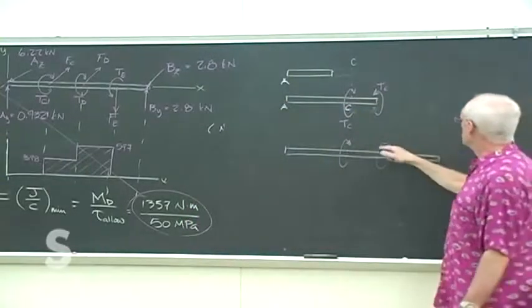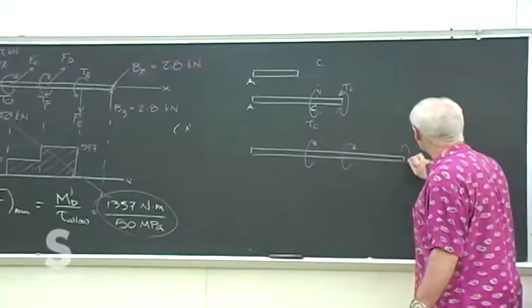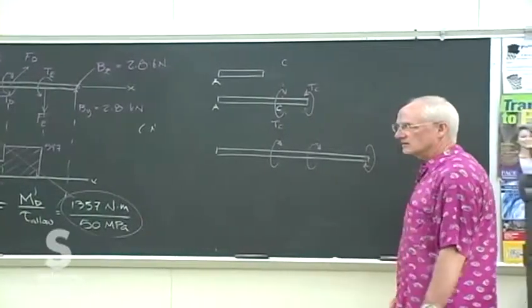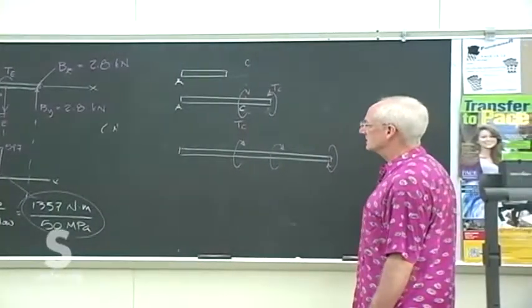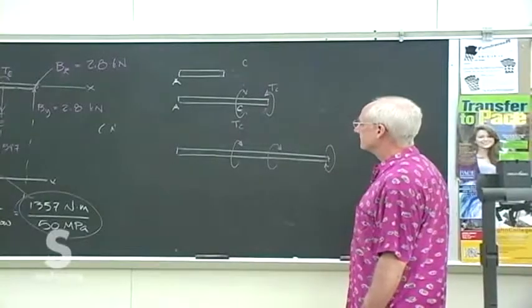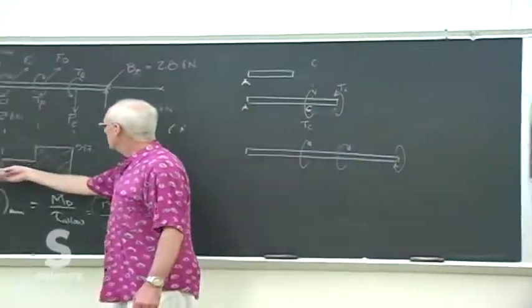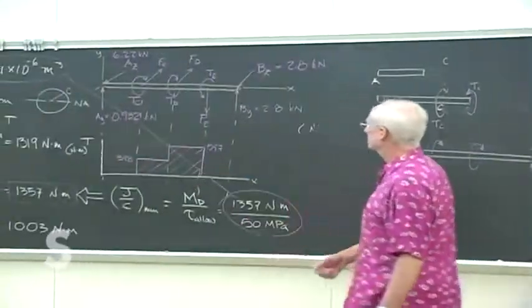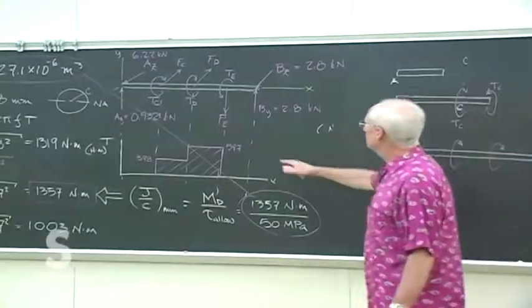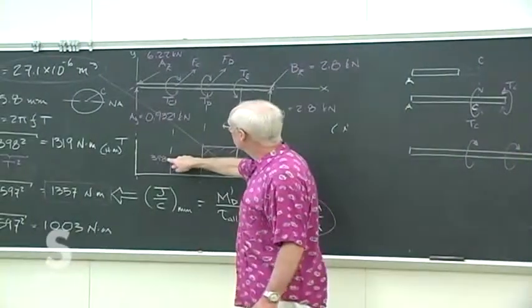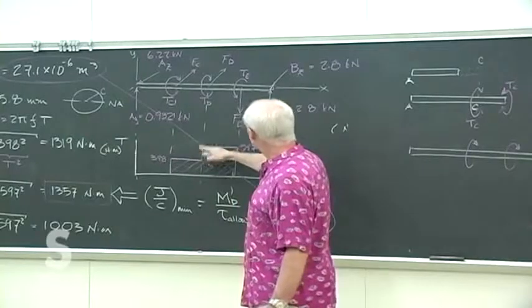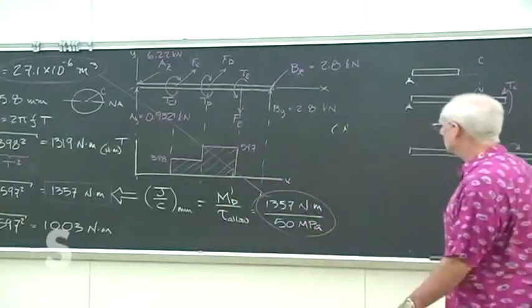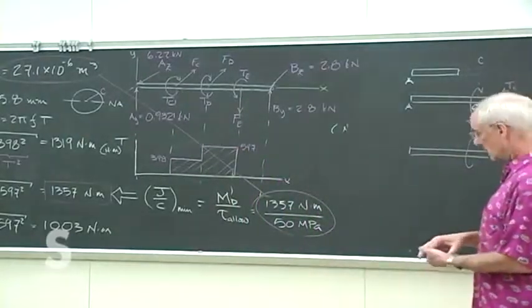And those two added up then must be counterbalanced by the internal torsion in the material there. And so that's what this diagram is. So this 597 is actually the 398 at C plus whatever the difference was at D. It looks like it's about 199.